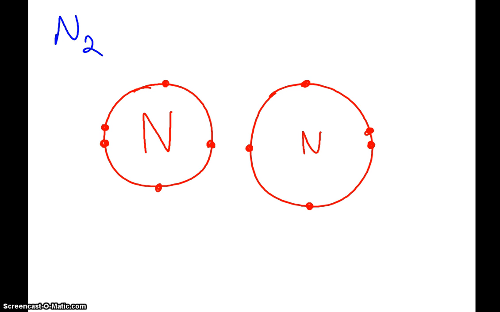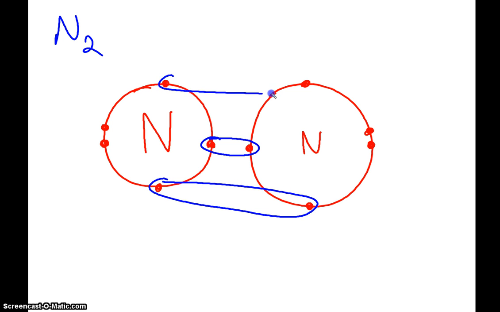So if we were to look at this, what can you see happen? The way I've drawn it, it should be pretty straightforward that we're going to share, make 1 pair there. We're going to share a second pair here and a third pair right here.